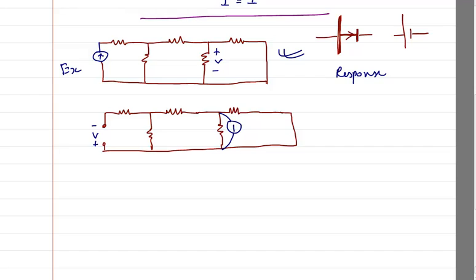I have to draw the direction like this. Why? Because this current will come and pass through this one like this. It will obviously flow here and everywhere, but it will also come down, and the direction will be like this. Then this will be positive and this will be negative. That is what we want, isn't it? That is what we do when we want to interchange the direction.